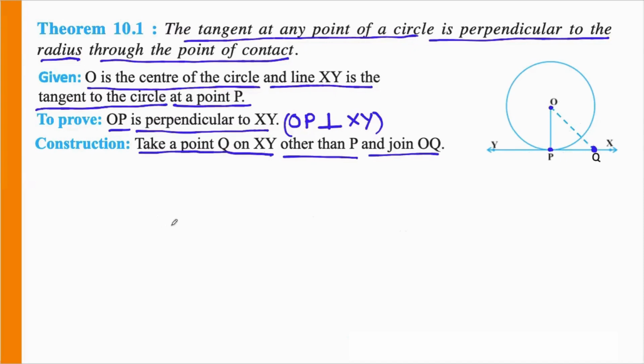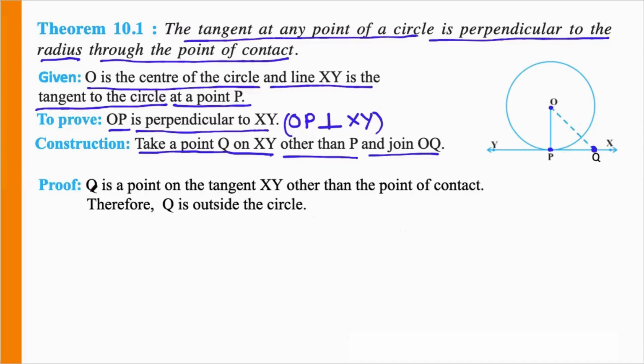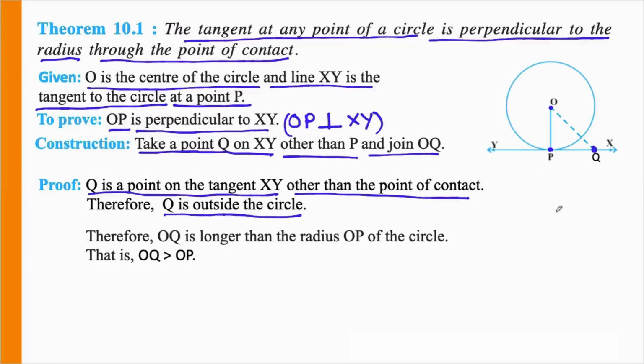Now let us understand the proof. Q is a point on the tangent XY other than the point of contact. Therefore, Q has to be outside the circle.